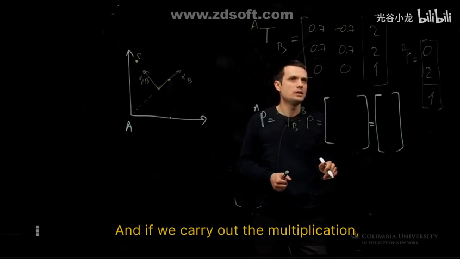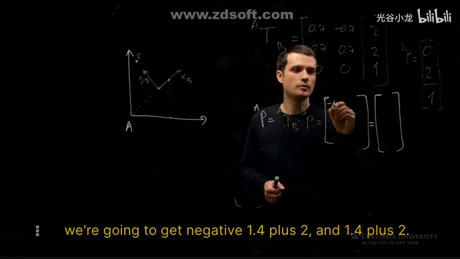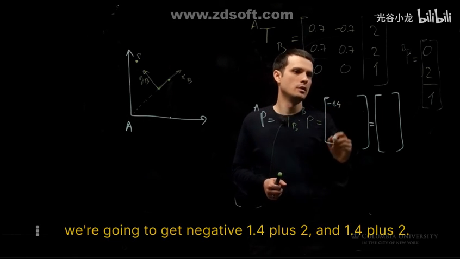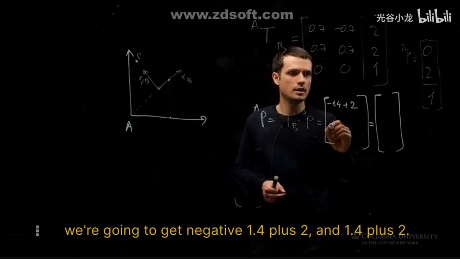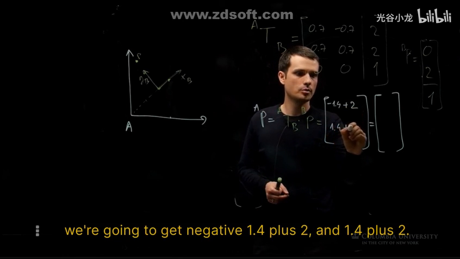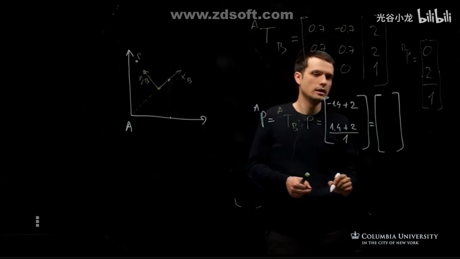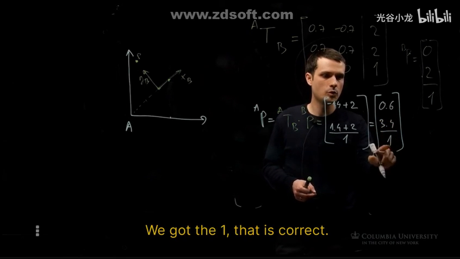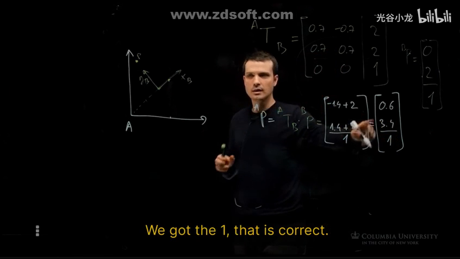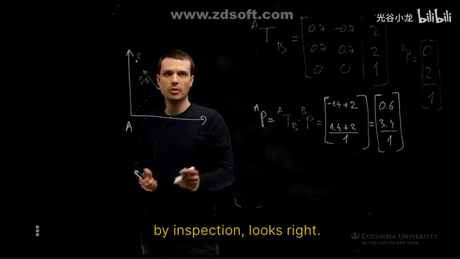And if we carry out the multiplication, we're going to get negative 1.4 plus 2 and 1.4 plus 2. So 0.6, 3.4, 1. We got the 1, that is correct. And then 0.6, 3.4, those are the coordinates of P in A, which by inspection looks right.